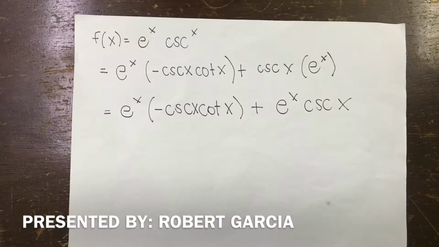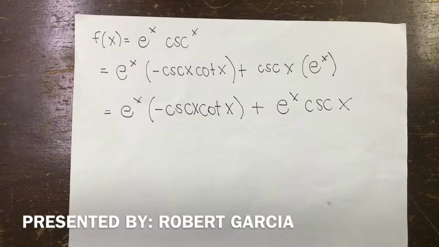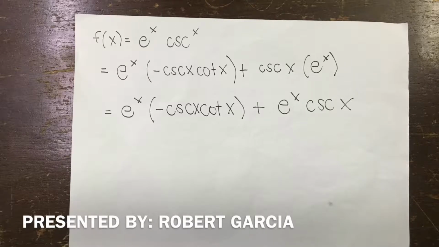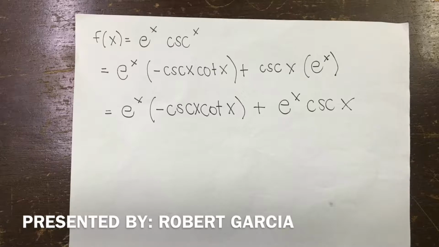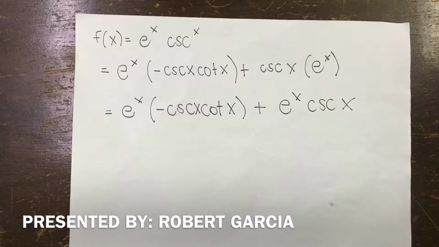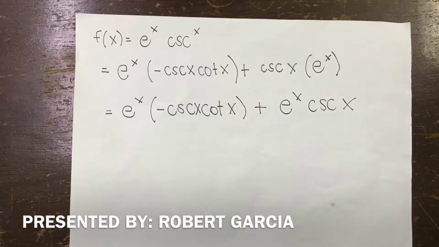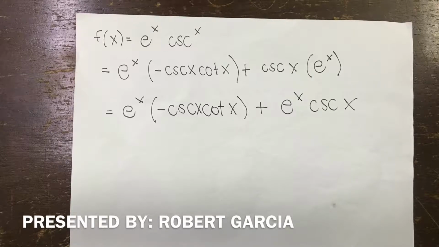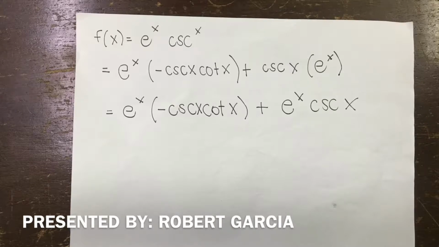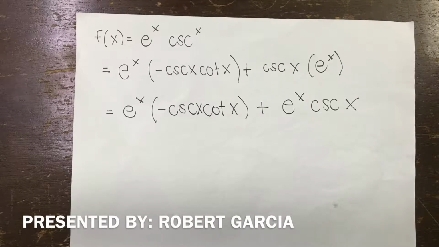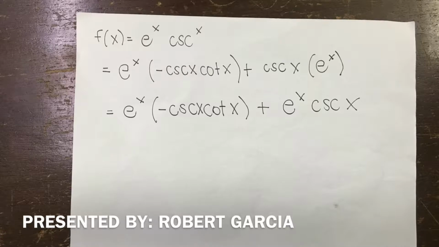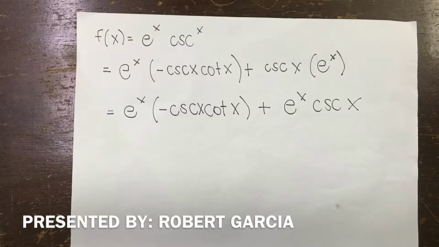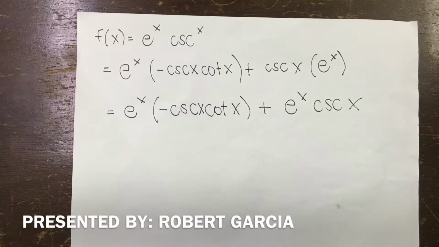And makikita natin to sa trigonometric rule, plus cosecant x times e raised to x na makikita natin sa exponential rule. Next step is simplify. So ito na yung sagot is f prime x is equals to e raised to x times negative cosecant x times cotangent x plus e raised to x times cosecant x.